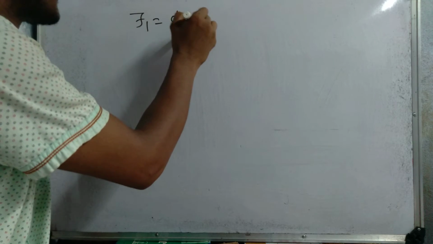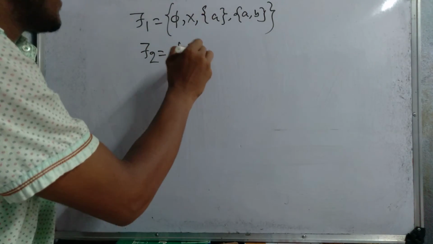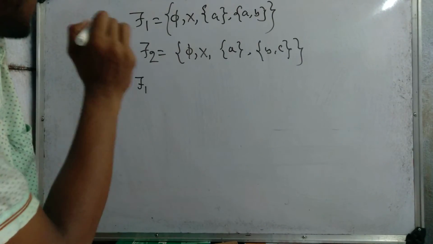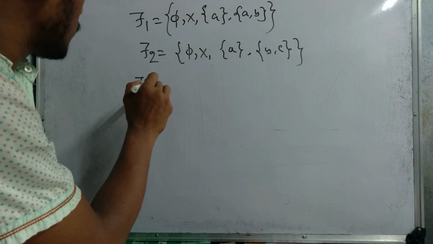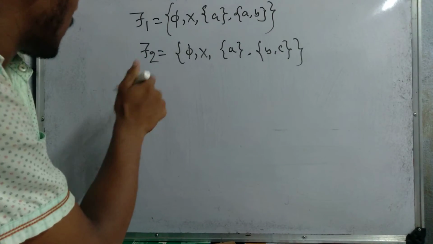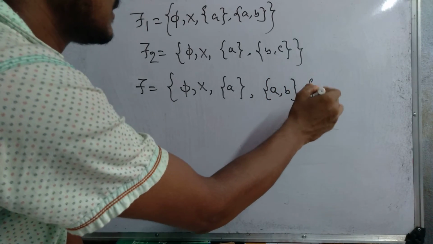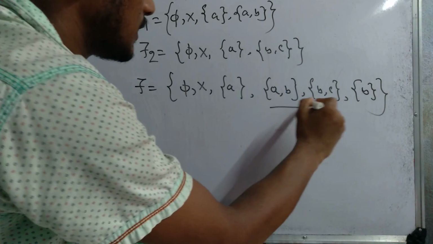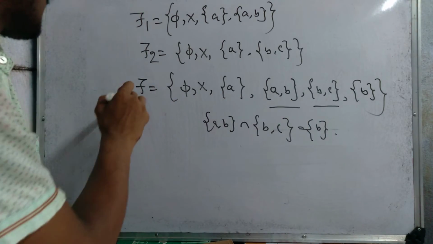Tau 1 equals {phi, X, {a}, {a,b}}, and tau 2 equals {phi, X, {a}, {b}, {b,c}}. The smallest topology containing tau 1 and tau 2 must contain {phi, X, {a}, {ab}, {bc}}, and now singleton {b} is added, because the intersection of {ab} and {bc} must be {b} and belong to this topology. So this is the smallest topology.